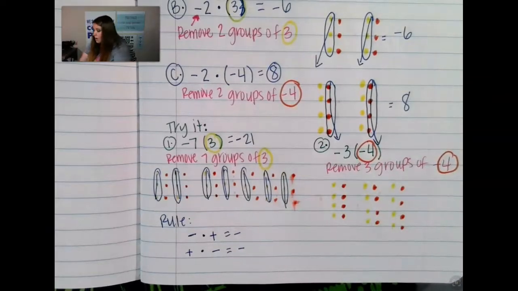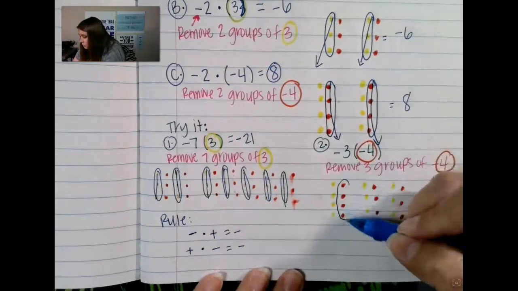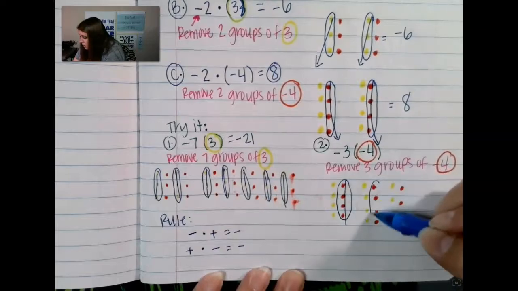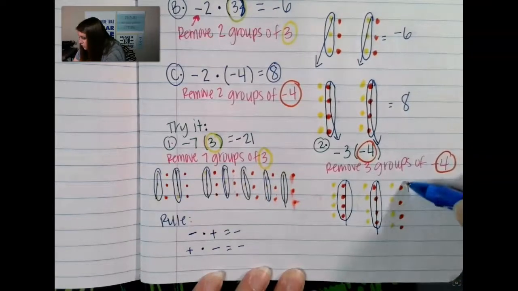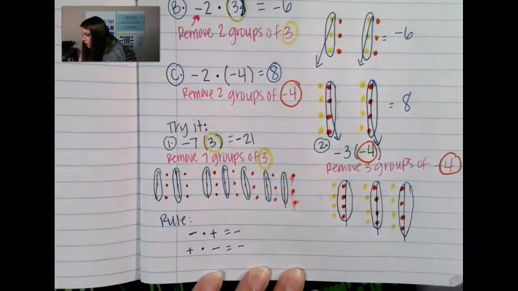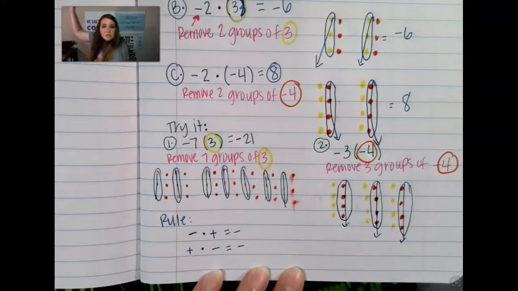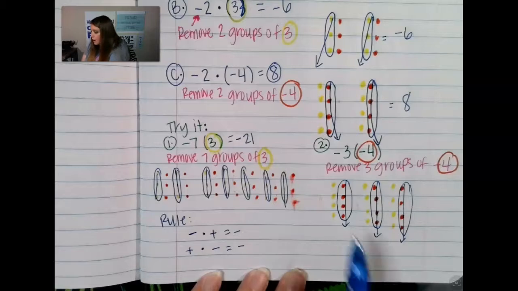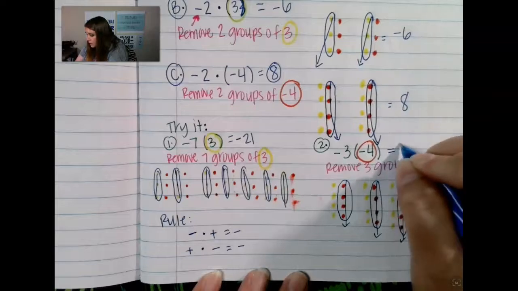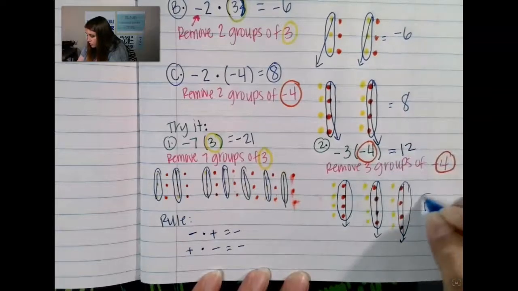And now I can remove negative 4s. And once I remove all the negativity, all the negative stuff is gone, and I am left with only positives. So I have 4, 8, 12, or a positive 12.